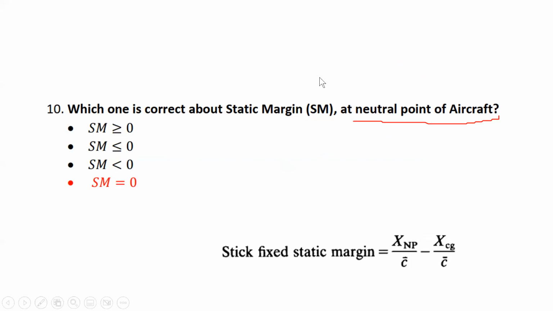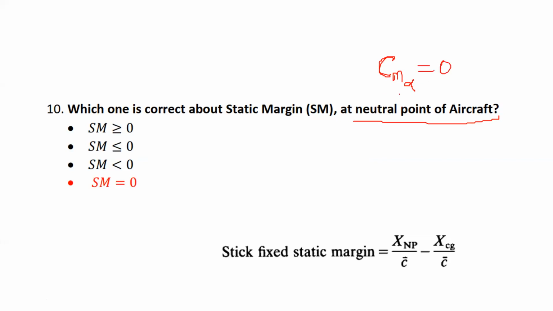So the neutral point is the point at which Cm alpha, the pitching moment slope with respect to alpha, is 0.